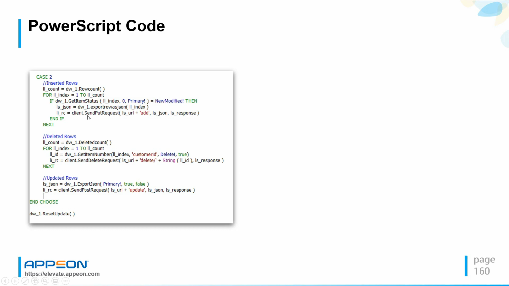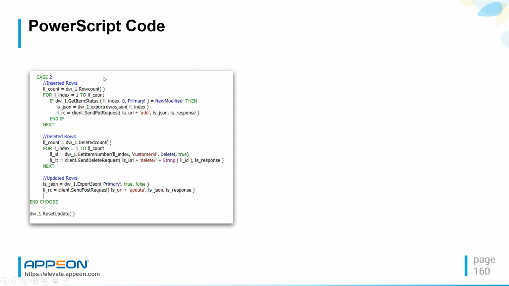The REST client has a set of send methods that are HTTP verb specific. So there is a send put request, send delete request, send post request. So we're going to be using those for the individual methods. Those take the URL, the data, and then have a string passed in by reference, which returns the response from the service. So if an error is thrown, that's where you get it.